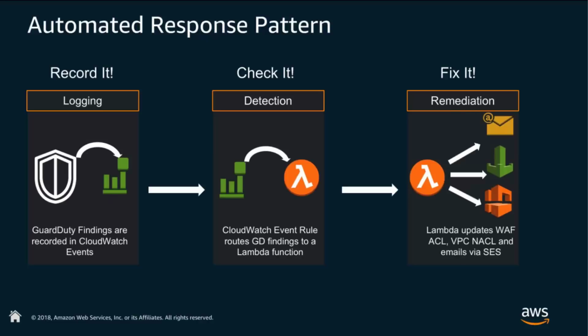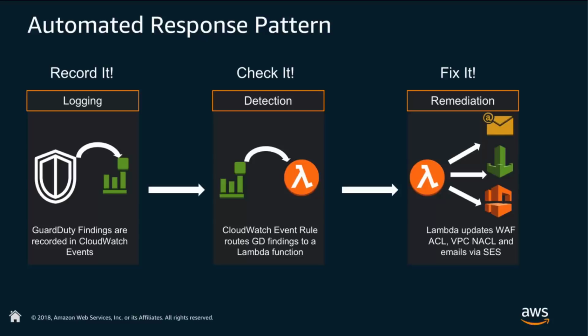To that end, we want to dive deeper into the particular pattern we're going to touch on today, which is automating a response by using GuardDuty, CloudWatch events, and Lambda, and then tying that into ACLs on AWS WAF, as well as VPC network access control lists.